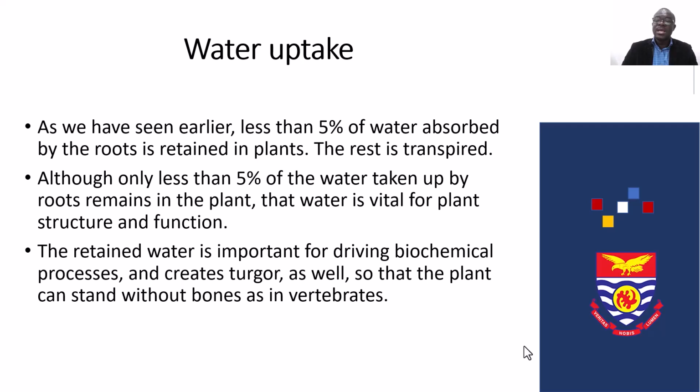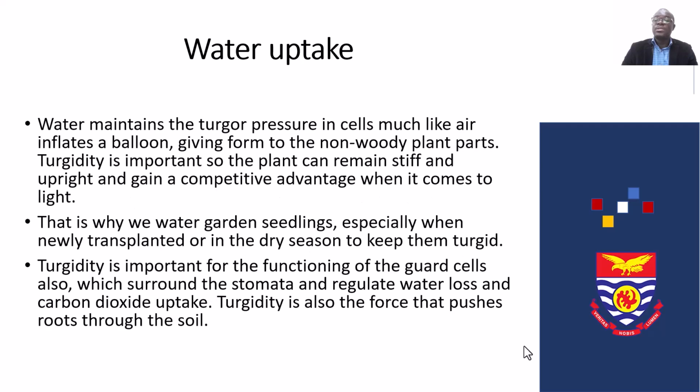The retained water is important for driving biochemical processes and creates turgor as well, so that the plant can stand without bones as invertebrates do. Water maintains the turgor pressure in cells, much like air inflates a balloon, giving form to the non-woody plant parts. Turgidity is important so the plant can remain stiff and upright and gain a competitive advantage when it comes to light.